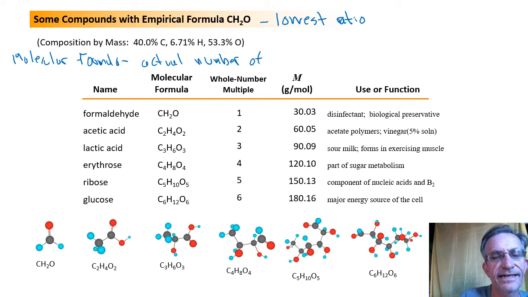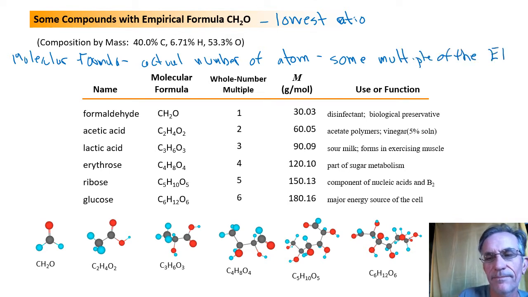Now, let me also tell you that the molecular formula, which is the actual number of atoms, will be some multiple of the empirical formula. I'm just going to write EF for empirical formula.